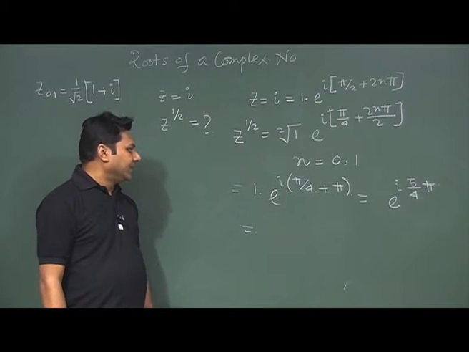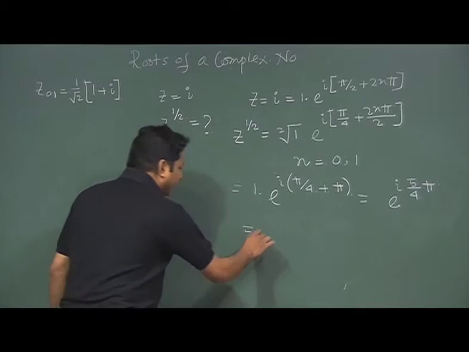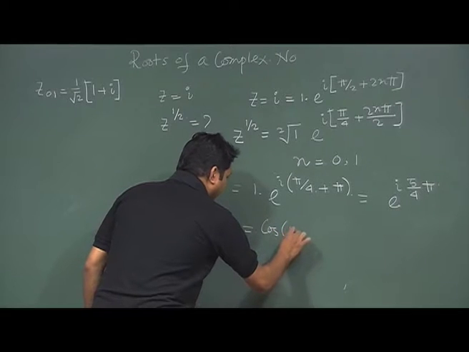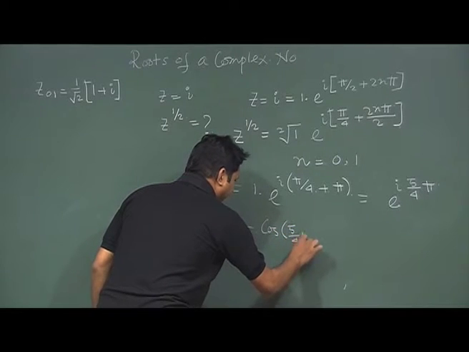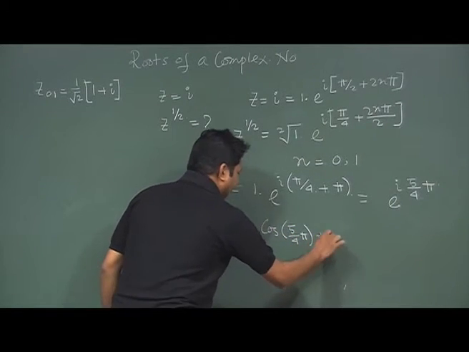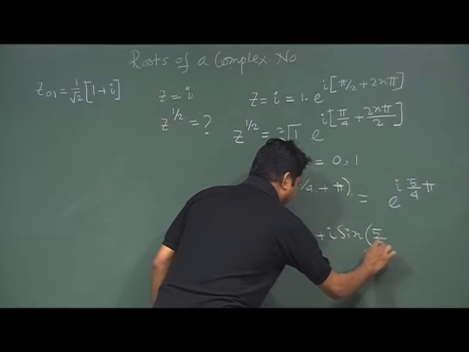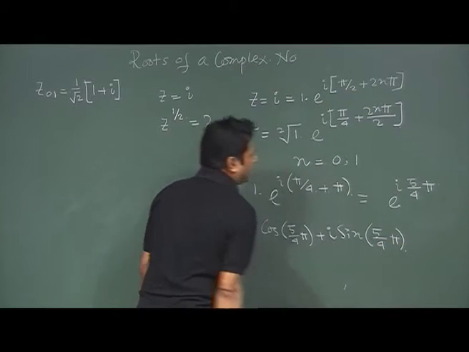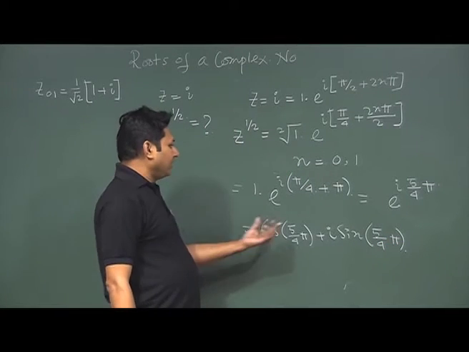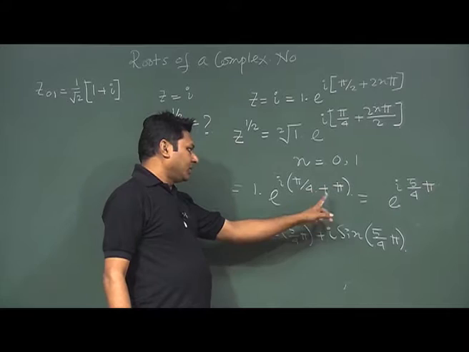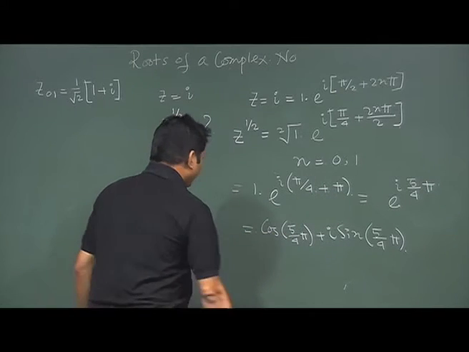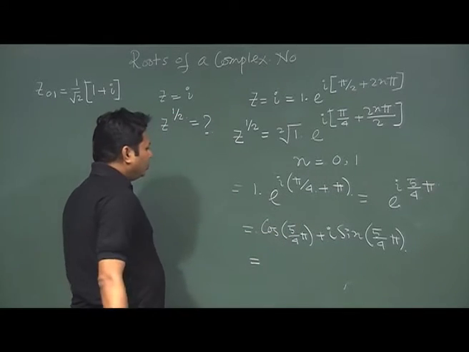Now, if I write this as cos 5 pi by 4 plus i sin 5 pi by 4, you can calculate it because it is pi plus pi by 4. So, we know that this value is how much?